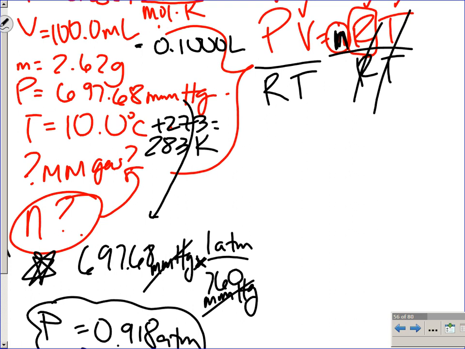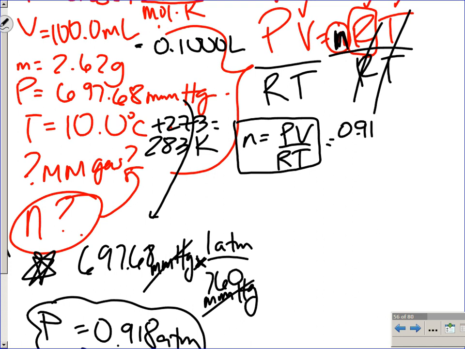And I like to rewrite it just because I can easily make sure I'm not plugging something in incorrectly if I do that. So this is what I really have narrowed down when I'm solving for n. What's P? 0.918 what? ATMs, atmospheres, right? You have to put your units there. If not, it doesn't help to double check yourself to make sure everything's canceling.